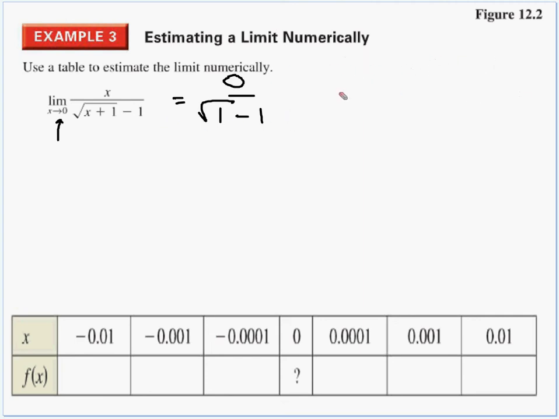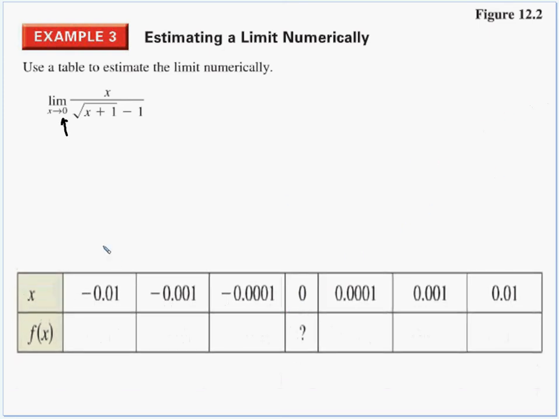So in the first couple examples, we could just directly sub it in to see what comes out. Here, not so much. So let's approach 0 from either side. Down here in the table, from the negative side, our first one we're going to try out is negative 0.01. Let me move this table up here a little bit.